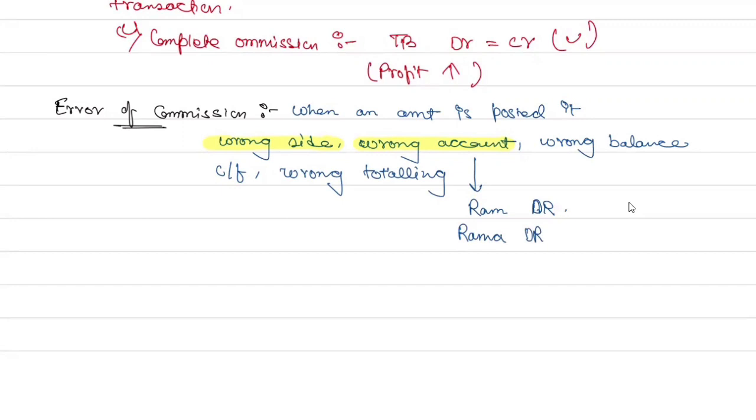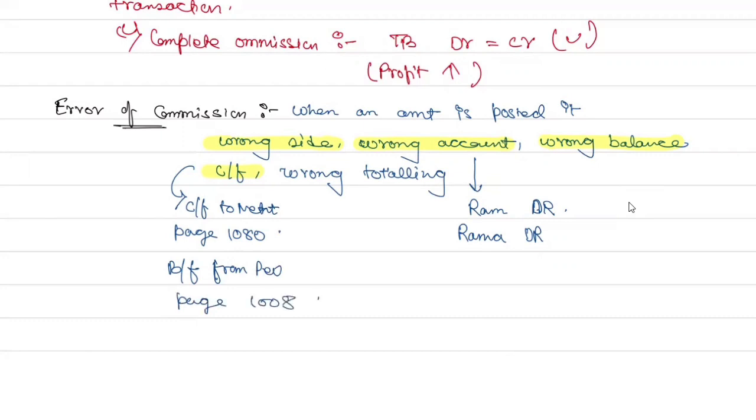Correct. Wrong balances carried forward means, while doing accounting, when a page ends, we write carry forward to the next page. Suppose the balance was 1080, and in the next page we wrote brought forward from previous page 1008.